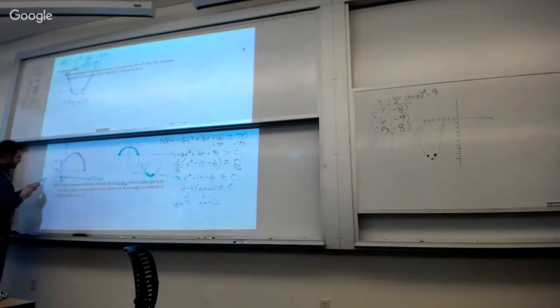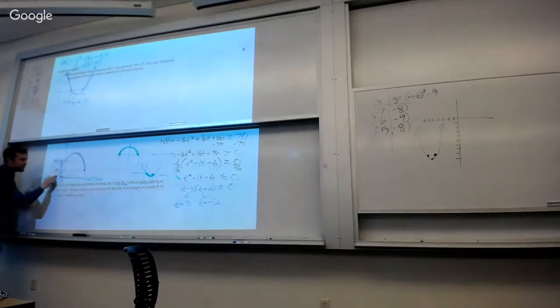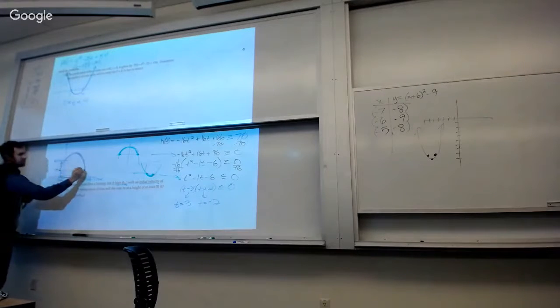Well, actually, we just solved the actual question, which is, when is it above 70? Oh, there it is, above 70 feet. See, over here, the parabola was still above 70 feet to the left. So that was the value of it being above 70 feet. Right there is our negative 2 value. And right here is our positive 3 value.